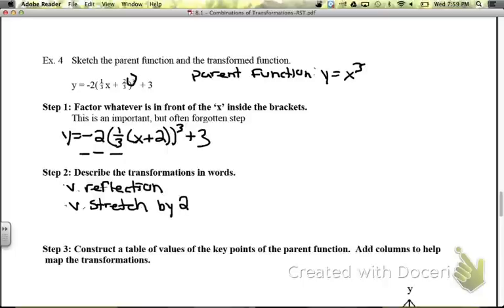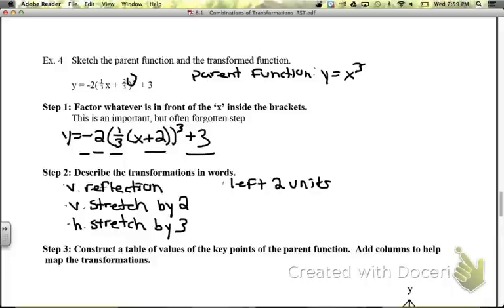Then we have 1/3, so that's a horizontal stretch by 3. We have plus 2 inside the brackets, so we know it's moving left 2 units. And then we have plus 3, so we know it's moving up 3 units.